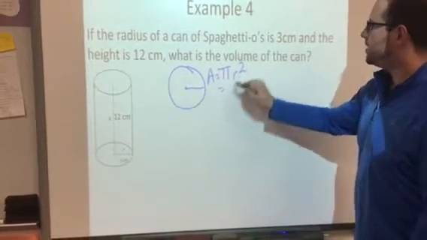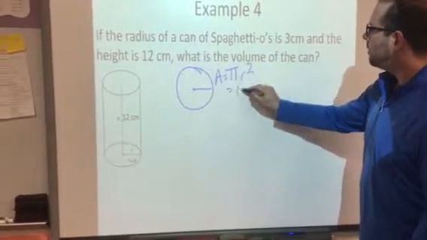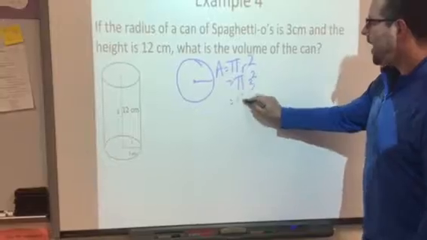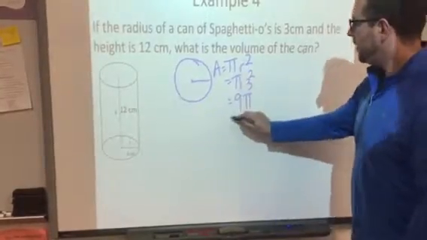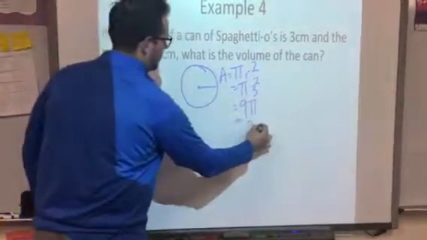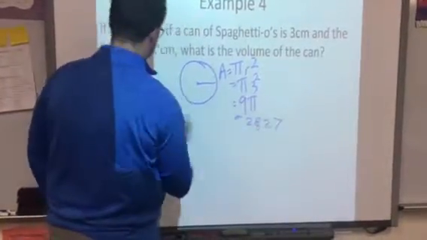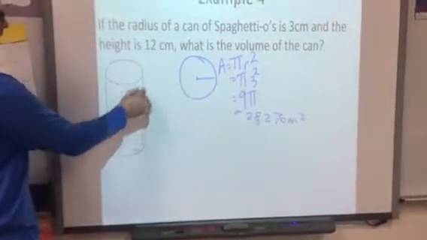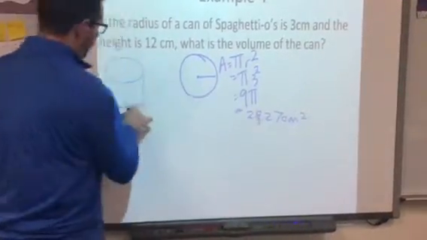So in this case, we're going to substitute in 3 for our r, which equals pi times 3 squared, which is going to equal 9 pi, which will equal approximately 28.27 centimeters squared. Now, we have to multiply that by the height.